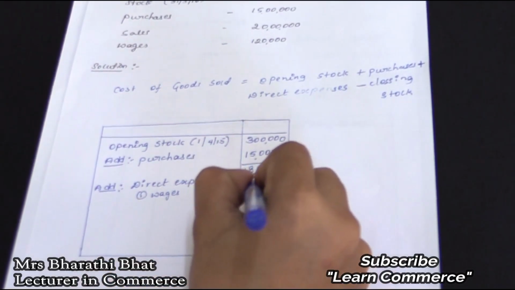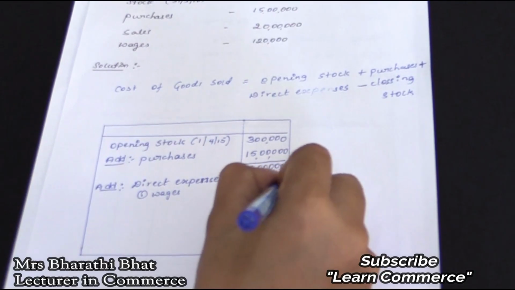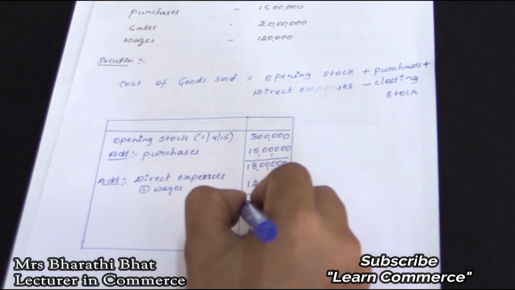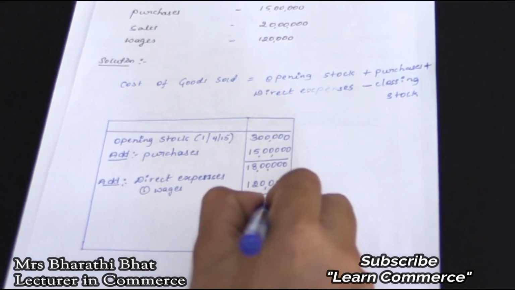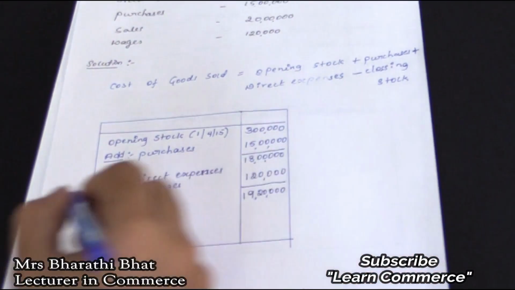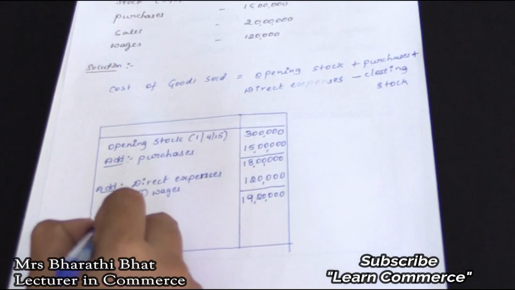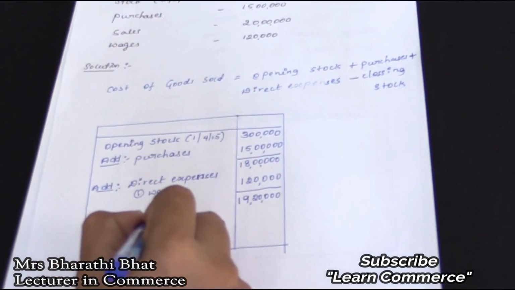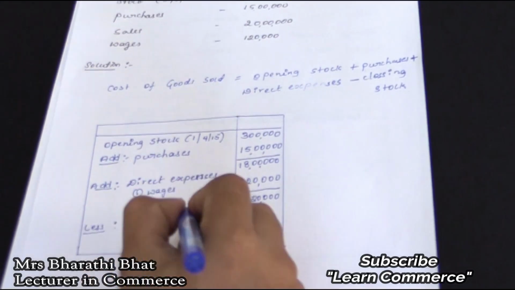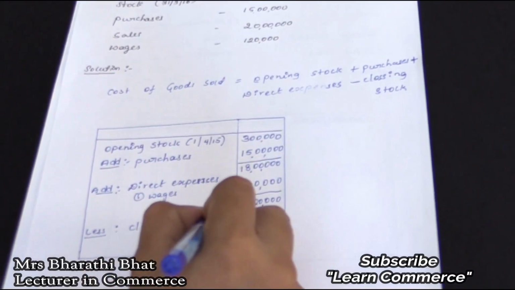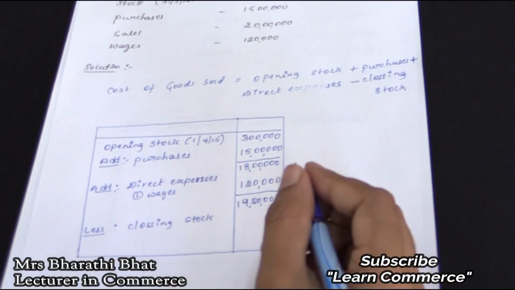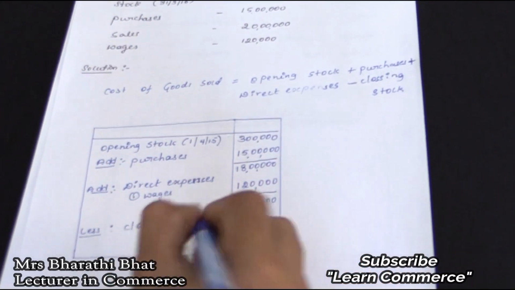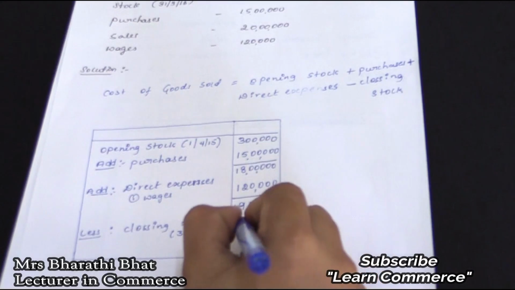What is the amount? 1,20,000. You have to add this. The answer is 19,20,000. Afterwards, you have to deduct closing stock. Closing stock is given as of 31st March 16, 4 lakh.